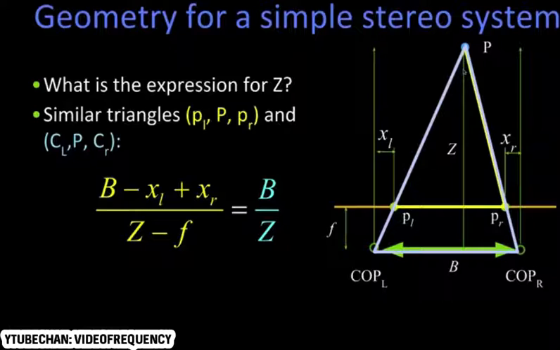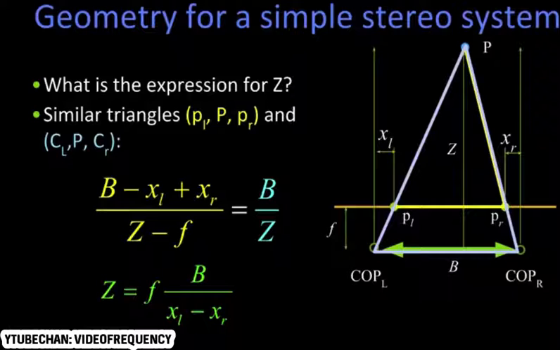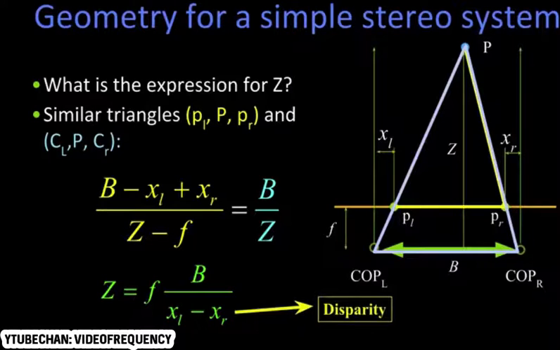So a very little bit of rearranging gives us an expression for Z that says that Z is equal to F times B over XL minus XR. And that difference between the left and the right amount, that's called the disparity. The cool thing here is that we're computing the distance in the scene based upon a difference between these two.